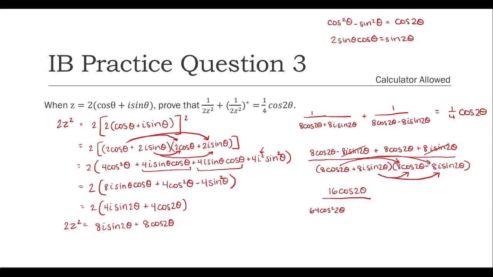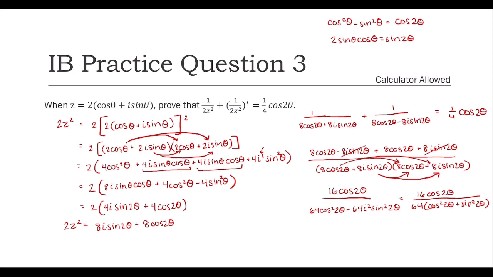So we'll have minus 64i squared sine squared 2 theta. So if we factor out the 64 on the denominator, we get 16 cosine 2 theta over 64 times cosine squared 2 theta. And then this i squared is going to turn into a negative 1, so we have plus sine squared 2 theta.